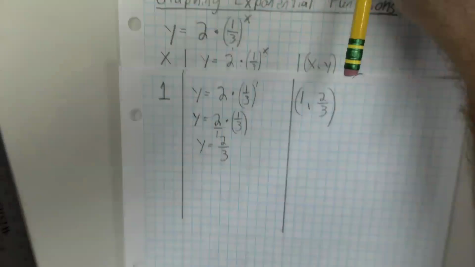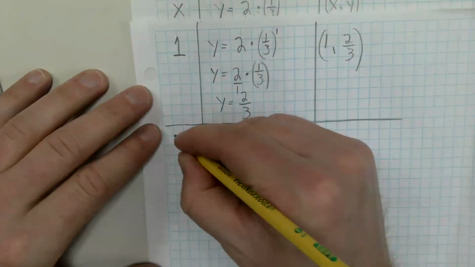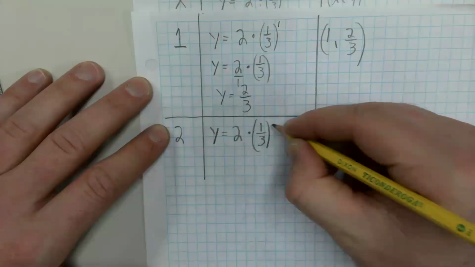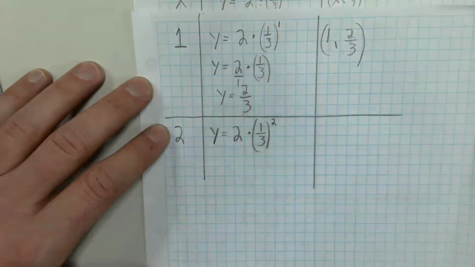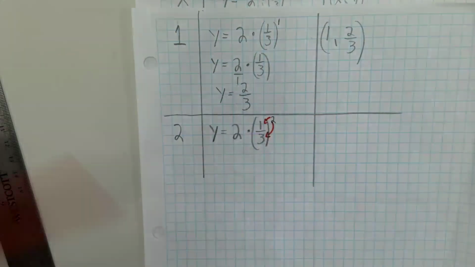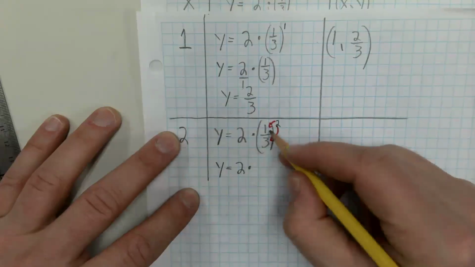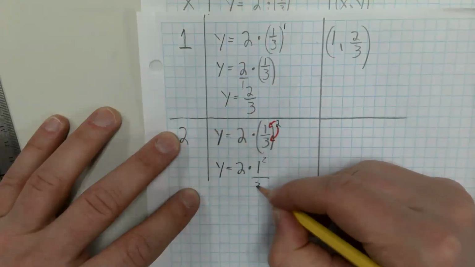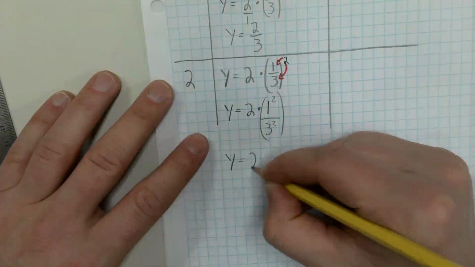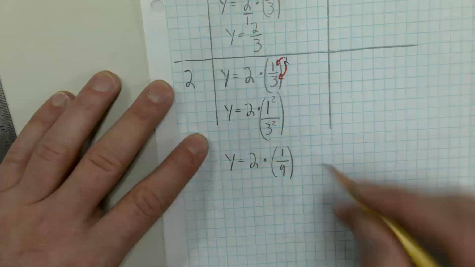Last one. Let's do a 2. Y equals 2 times 1/3 raised to the second power. Here we go again, where we got to apply that 2 to everything inside the parentheses as my first step. PEMDAS. 2 times 1 squared over 3 squared. Y equals 2 times 1 squared is 1. 3 squared is 9.